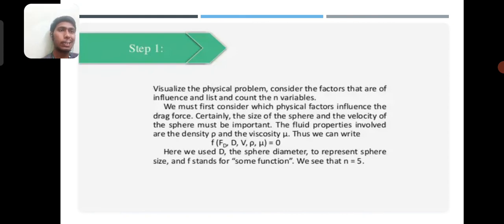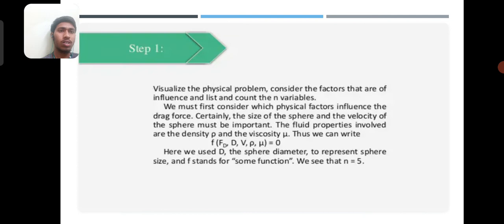Consider the factors that are of influence, list them, and count the variables. You must first consider which particular factors influence the drag force. Certainly the size of the sphere and the velocity of the sphere must be important. The fluid properties involved are density rho and viscosity mu.